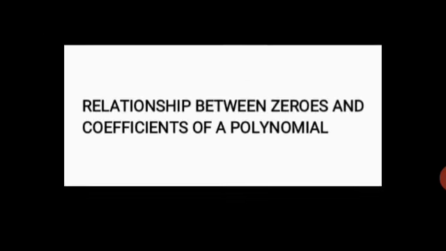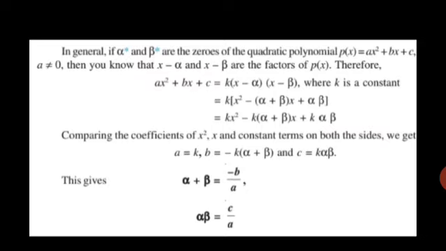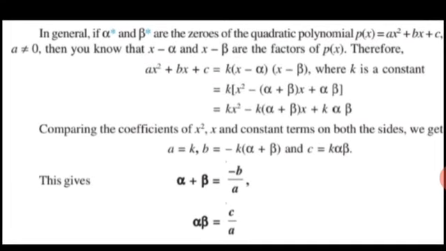Now, today in this video, we are going to study the relationship between the zeros of a quadratic polynomial and its coefficients. As we have already studied, quadratic polynomials have the standard form ax square plus bx plus c. You can see it on your screen.